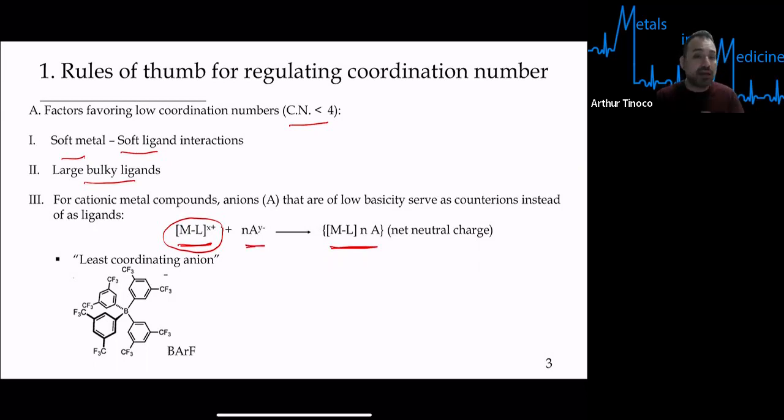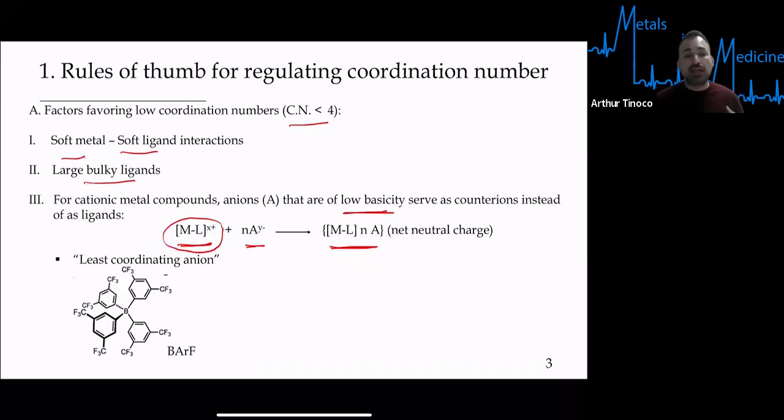Well, to be able to do that, you have to have something that is a counter ion, in this case, a counter anion. Now, the thing about counter anions is that they supply a negative charge. So what would prevent that counter anion from serving as a potential ligand, a source of negative charge for the metal? Something that would be able to do so would be a counter anion that is of a low basicity.